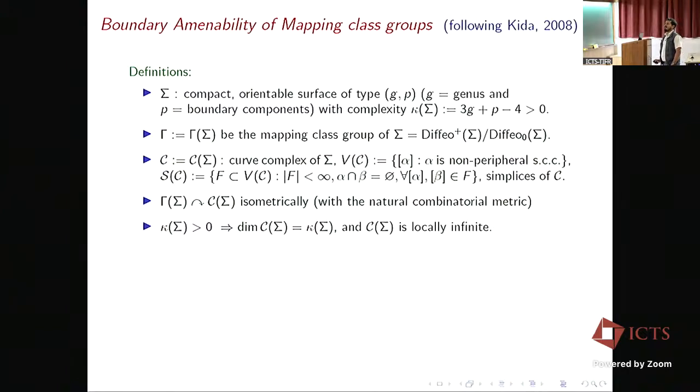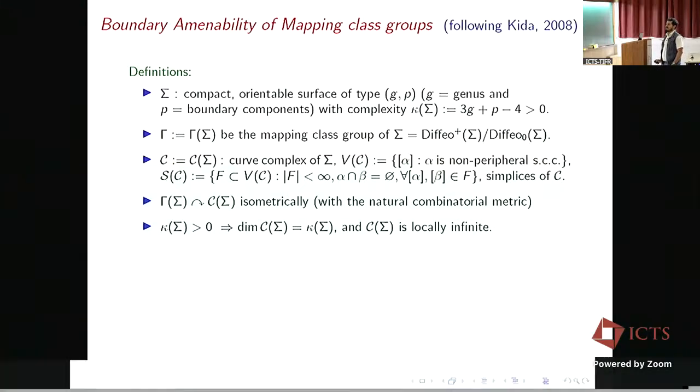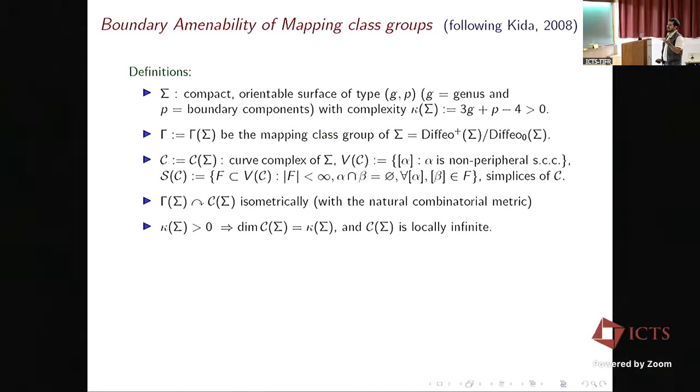So we take them as vertices and we add edges if they are disjoint, and we can take a set of such curves, and if they are all disjoint, we can throw in simplices for them. So that defines the set of simplices on the curve complex.